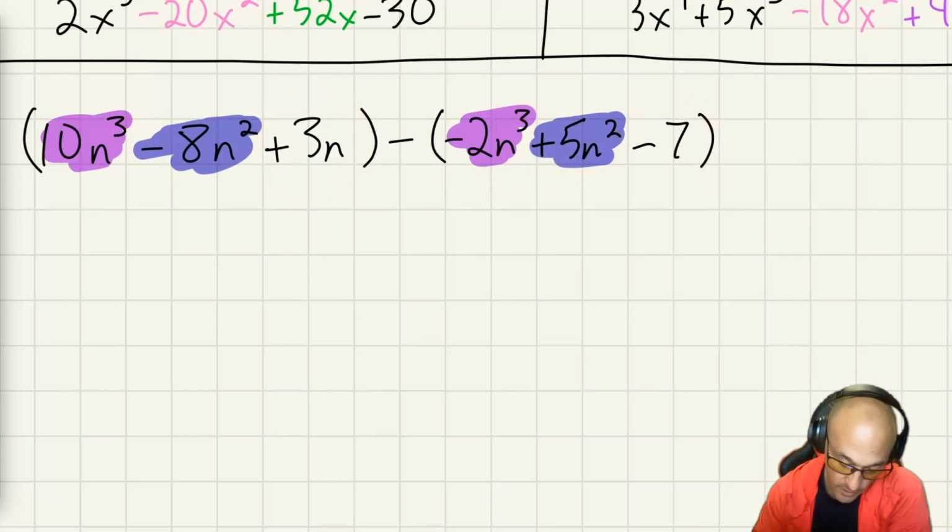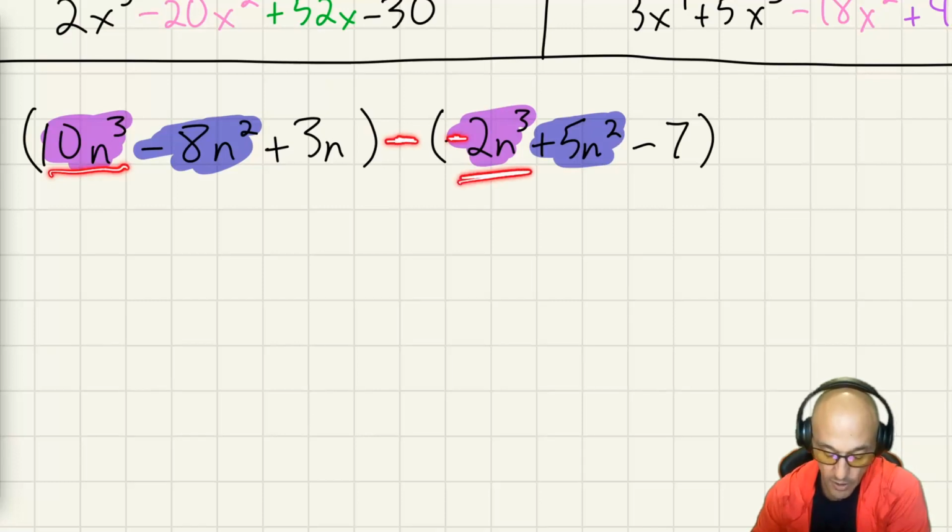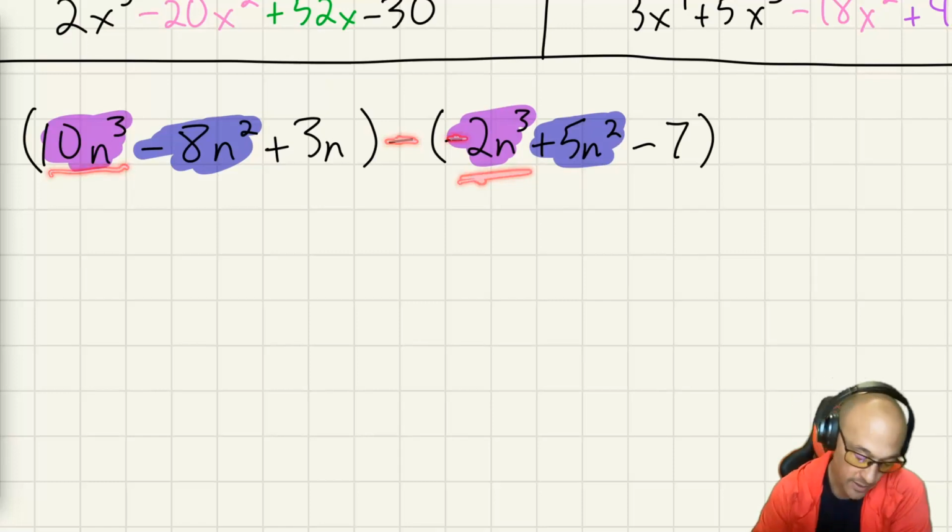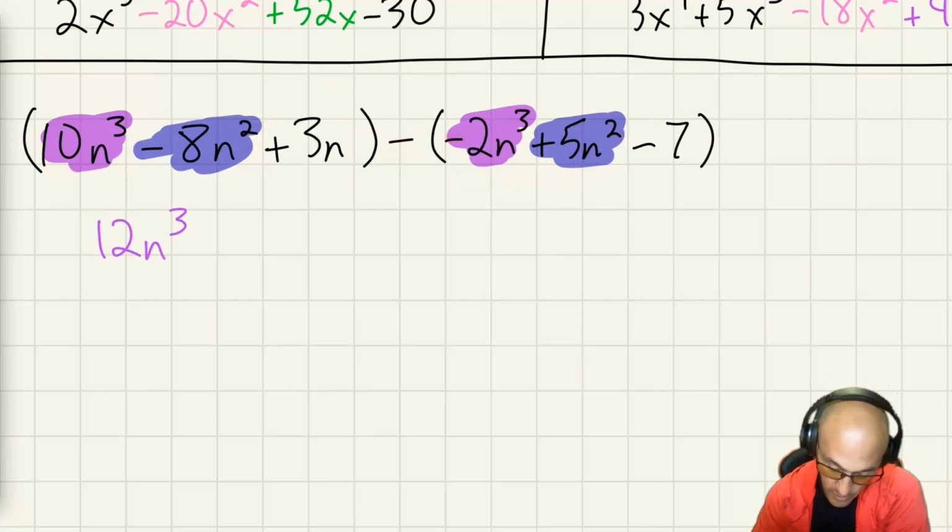So when we're looking at this, we have the 10n cubed minus a negative 2n cubed. Well, that's the same as adding when we subtract a negative. So it's going to be 12n cubed, and then negative 8n squared minus a positive 5n squared.